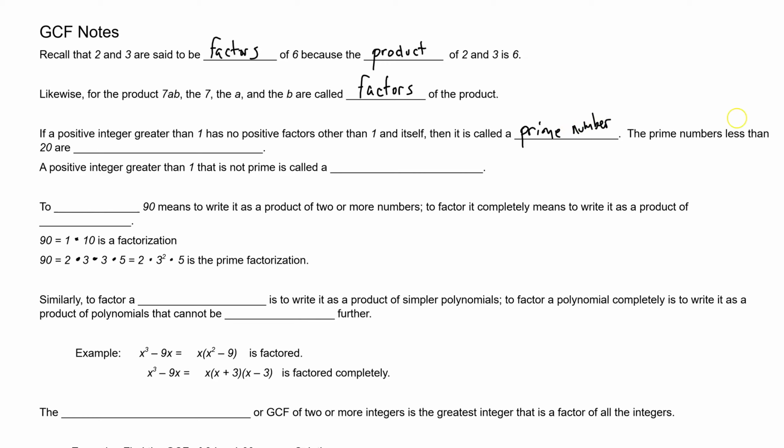The prime numbers less than 20 are 2, 3, 5, 7, 11, 13, 17, and 19. A positive integer greater than 1 that is not prime is called a composite number.